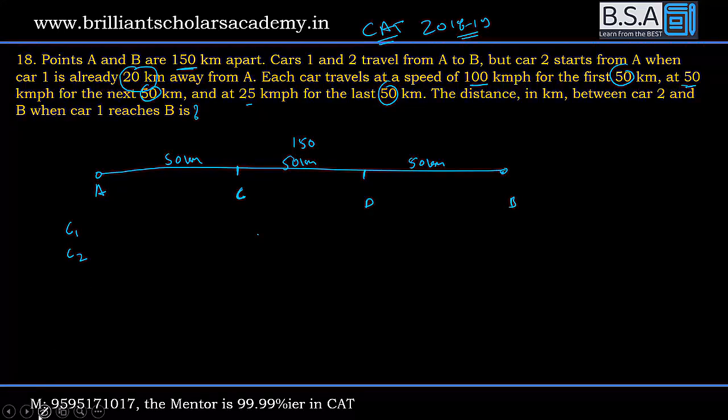Now when car 2 starts, car 1 already किधर है? 20 kilometers आगे. Now do you understand this?